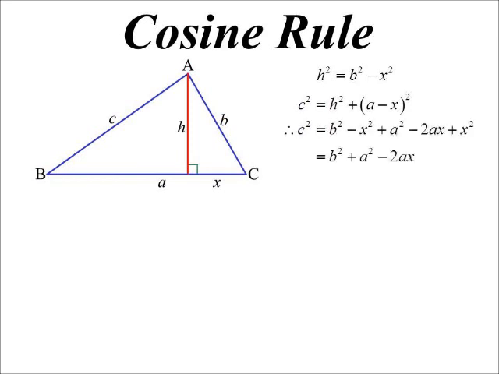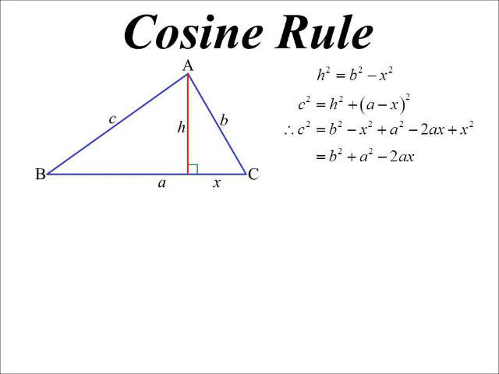So therefore c squared is equal to, but I'll substitute in for the h squared from above, and we get b squared minus x squared plus a squared minus 2ax plus x squared. The x squareds end up cancelling, so I get b squared plus a squared. So there's the Pythagoras part, c squared equals b squared plus a squared. But then we have this minus 2ax.